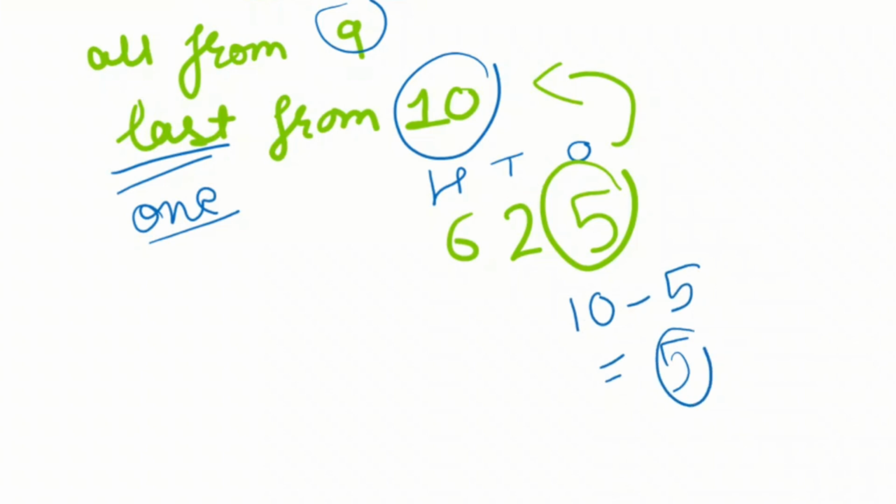Then the rest of the digits, 6 and 2, are to be subtracted from 9. So 9 minus 2 is equal to 7, and 9 minus 6 is equal to 3.